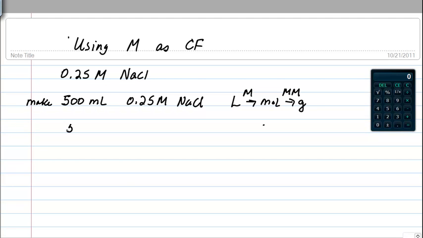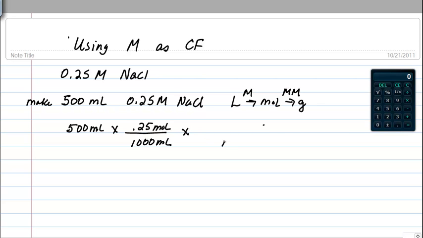So we'll start with 500 milliliters, and I'm going to put my molarity in as 0.25 moles for every 1,000 milliliters. Now again, those volume units have to be consistent. They can both be liters, they can both be milliliters, but they need to be consistent and they need to be accurate.